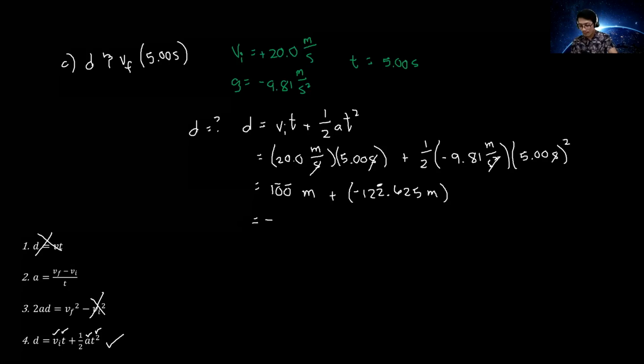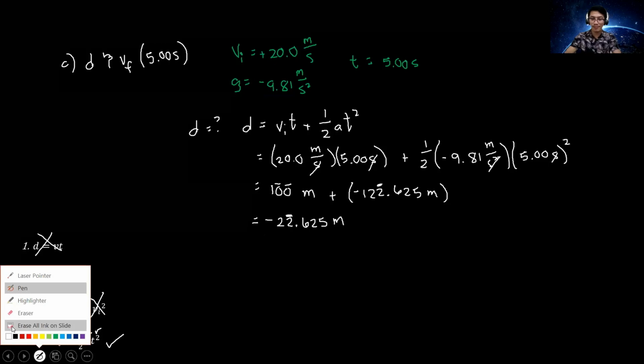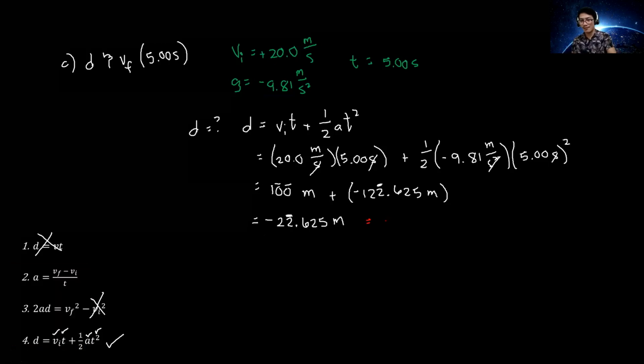It is negative 22.625 meters. How many place lang ito kasi addition. So least precise. So hanggang ones place lang dapat tayo. Okay? And that will give us what? This will give us an answer of negative 23 meters. Okay? Negative 23 meters.